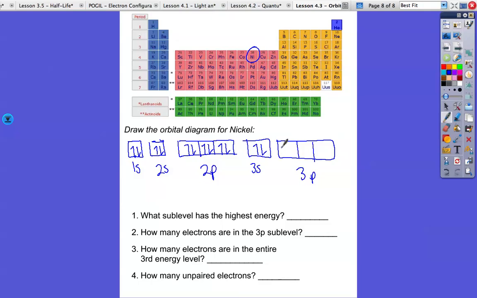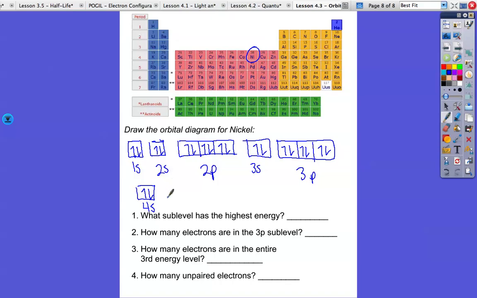So we're going to fill up that whole 3p sublevel. The 4s sublevel, we're going to have to go through all of that, so fill up that orbital.